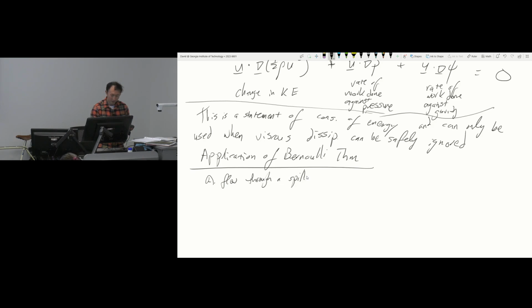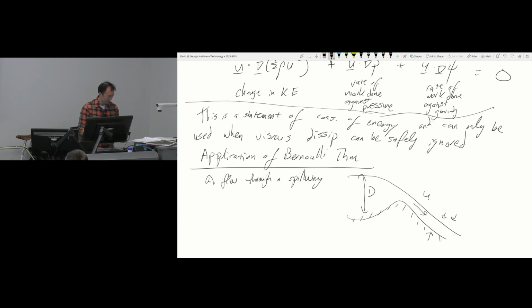A lot of problems, including the problem on the homework where you have the boat that's filled with water and is releasing fluid. So let's say this is the water surface. This is the land here. I got my velocity u here. Originally it's a height capital D, and then it becomes a height little d.